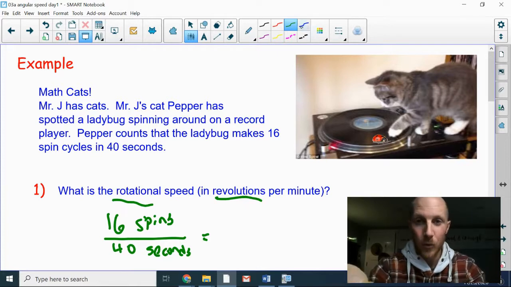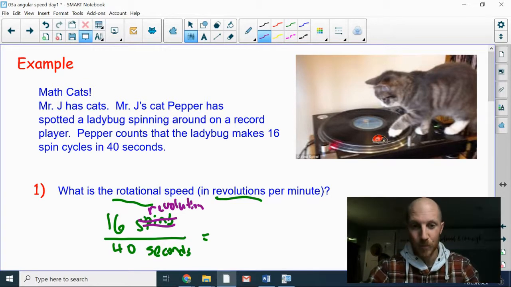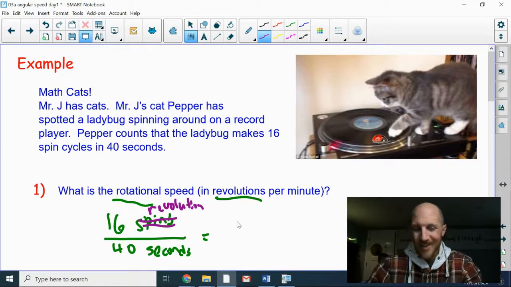I can use revolution instead, because the directions did ask me to use revolutions per minute, and revolutions means the same thing as spins or cycles, trips around the record player. That's way too long to write, so I'm going to stick with revolutions.